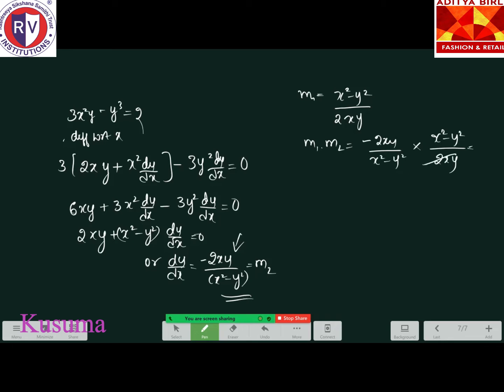So here this and this term cancel, this and this term cancel to give us minus 1. If the product of the slopes is equal to minus 1, then it is sure that the curves cut at right angles. So we can say that both the curves cut at right angles.